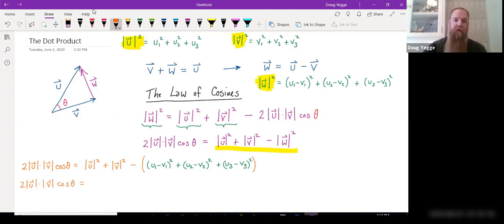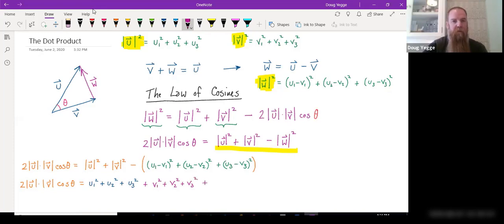And now this right here turns out to be u1 squared plus u2 squared plus u3 squared. The magnitude of v squared turns out to be plus v1 squared plus v2 squared plus v3 squared.